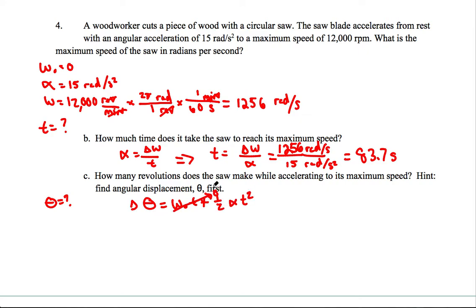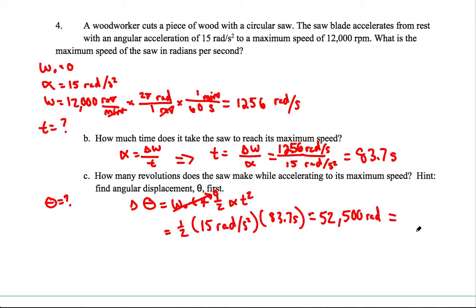Omega naught t is 0 since we start off from rest, and I get 1/2 times my angular acceleration, rad per second squared, times my time of 83.7 seconds. And that gets me 52,500 radians, and if I convert that to revolutions and round it to 2 sig figs, I get 8,400 revolutions, and that's my final answer.